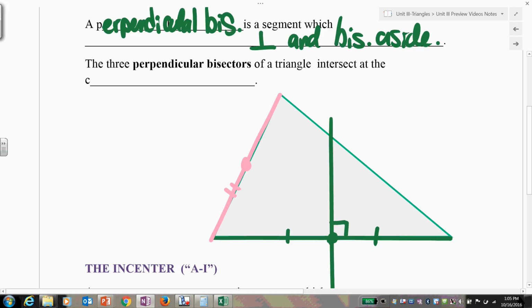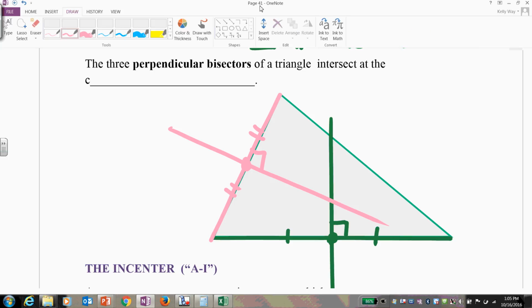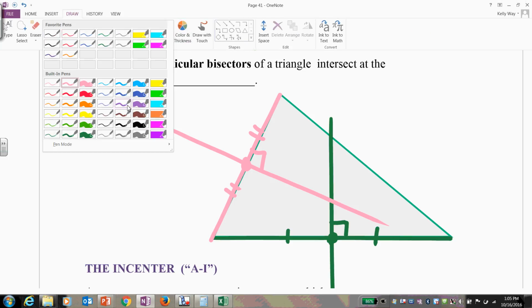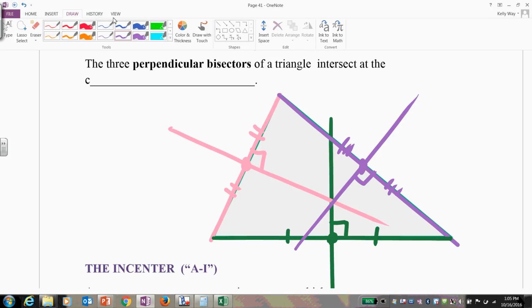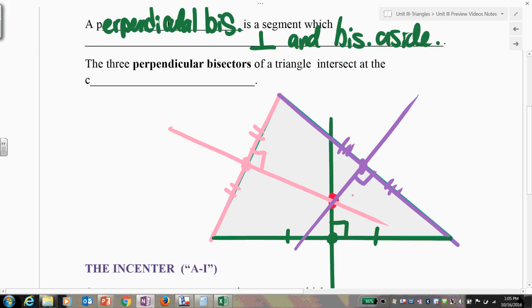Eyeball the middle, and you're shooting for a right angle. Your eyeballs are not on the corners there. This has nothing to do with the corners. It's all about cutting those sides in half at a right angle. Where those three perpendicular bisectors meet, that has a name.